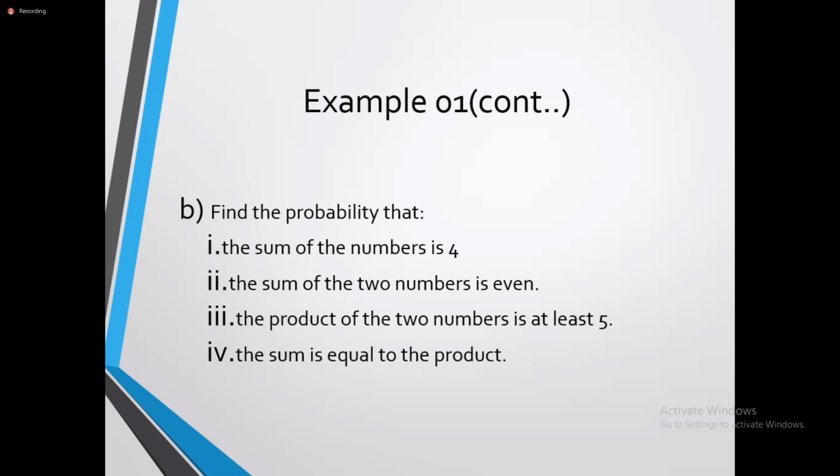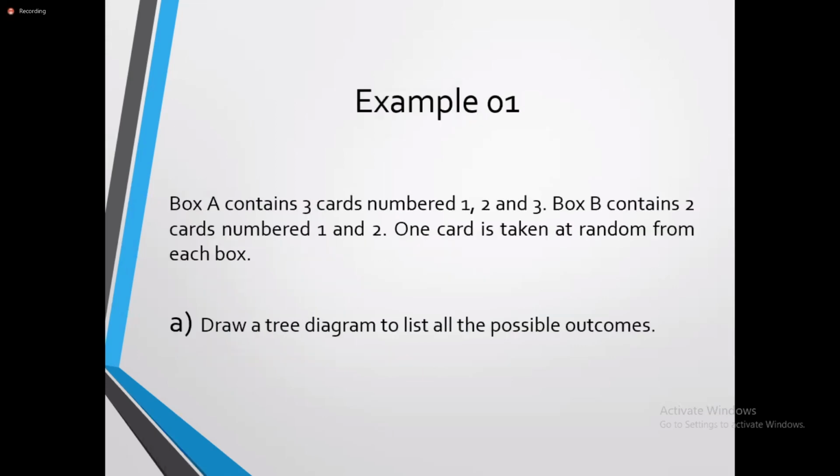So let's draw a tree diagram for that situation. We have only 2 boxes, box A and box B. Box A contains 3 cards numbered from 1 to 3, and box B contains 2 cards from 1 to 2. Altogether, there are 5 numbers.